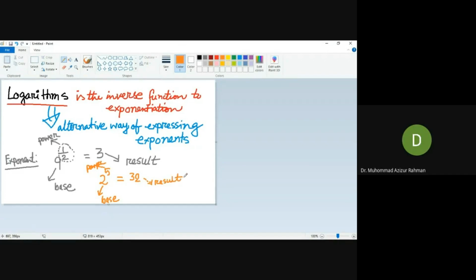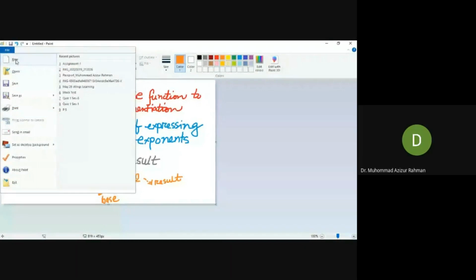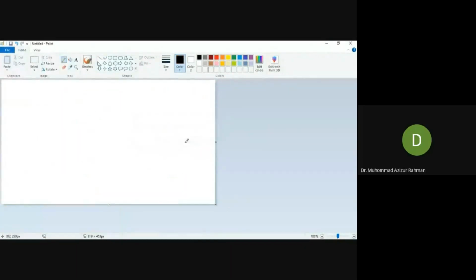So now if we take the inverse form, for example the logarithmic form, let me open another file. Let's say we want to write a different format. That means 2 to the power 5 equals 32. We already know this thing.